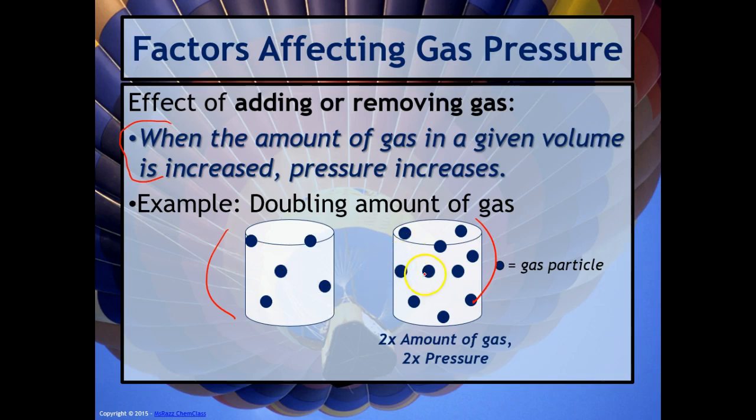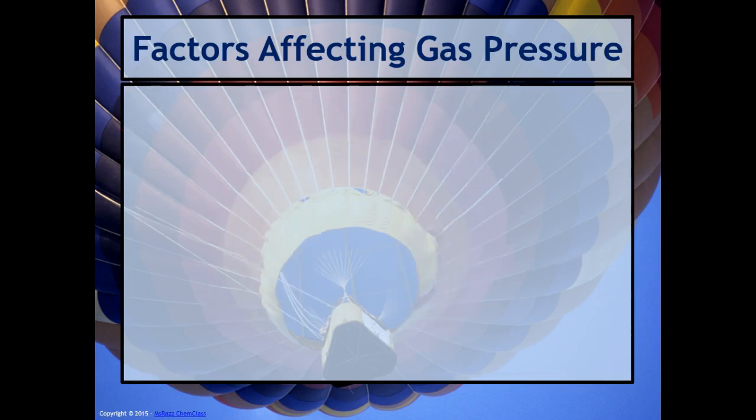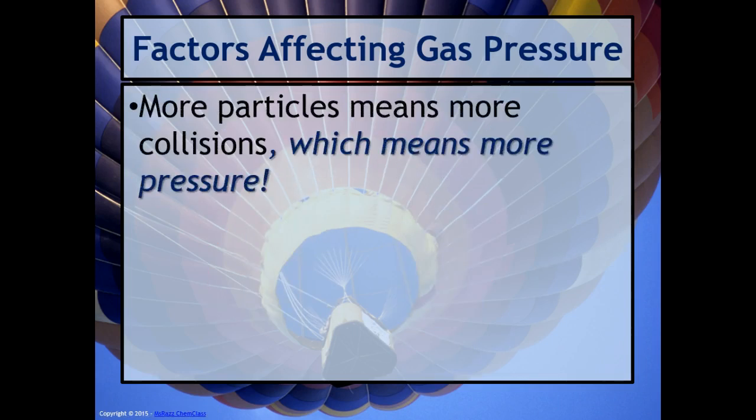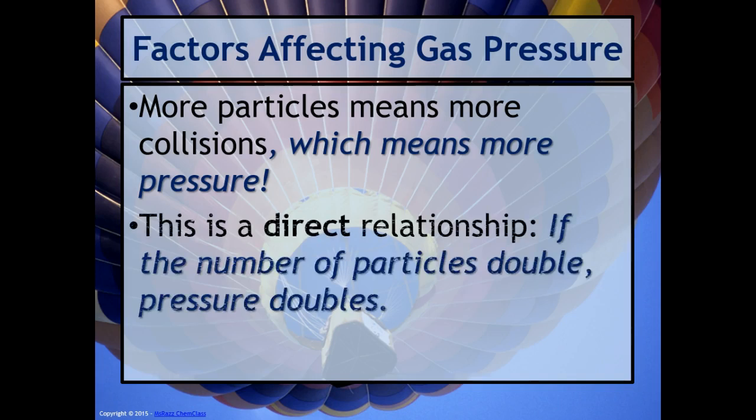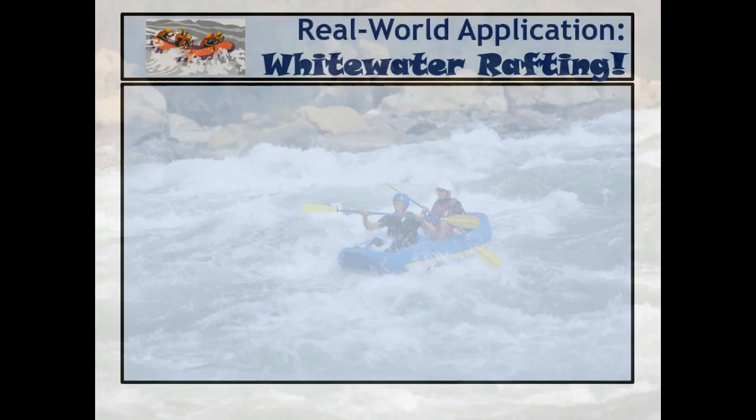You double the amount and the pressure goes up because you get more collisions and more bouncing around. More particles means more collisions, which means more pressure. Just like we said before, you get more in there, you're going to have more collisions, and more pressure builds up. This is a direct relationship. As one goes up, the other goes up. So if we increase the amount of moles we have, we increase the pressure.